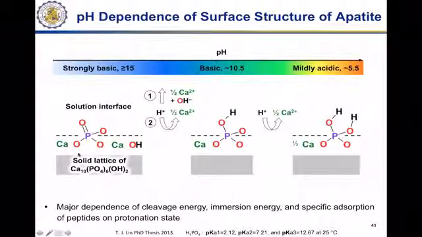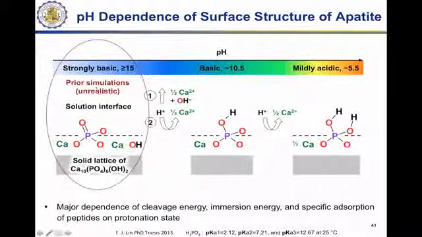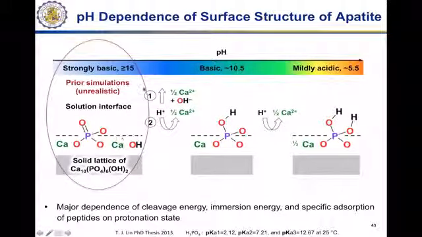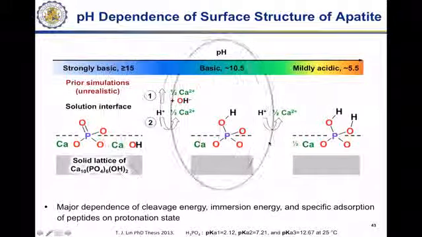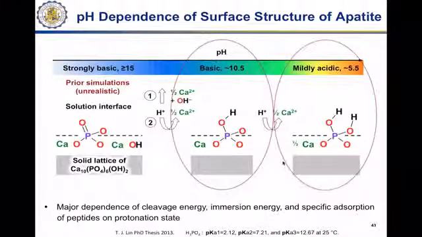Some prior simulations have been unrealistic in the sense that no surface protonation was assumed, which corresponds to a pH of more than 15. That would lead to cell death immediately. So what we have in our models, according also to experimental data, are surface models at more realistic pHs that are included in the database shared on the community website.